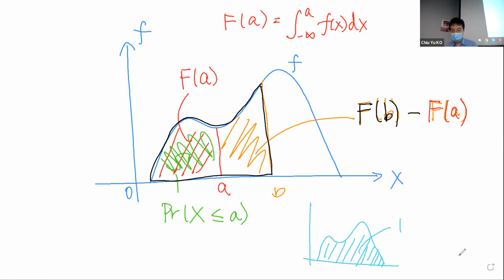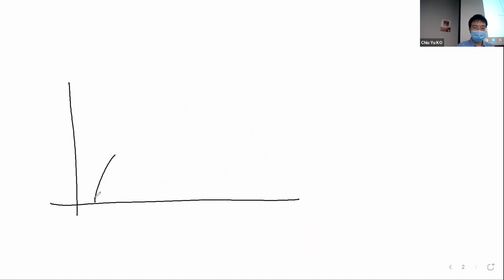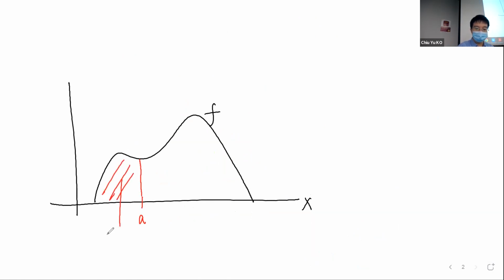So let me talk a little bit about one more, because we'll be using this today anyway, so there's no harm in talking about this again. So we have this f, this is the X, and this is A. This area is called F of A, the area under the curve, the integral.